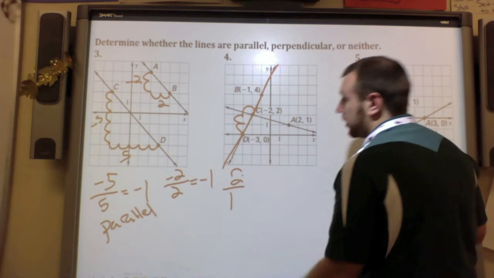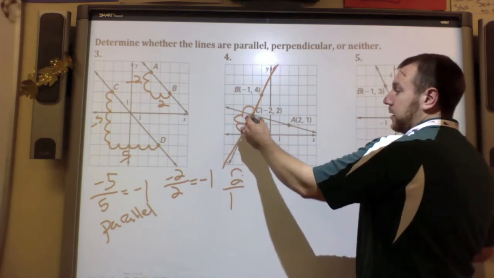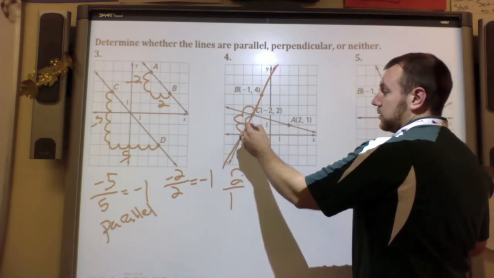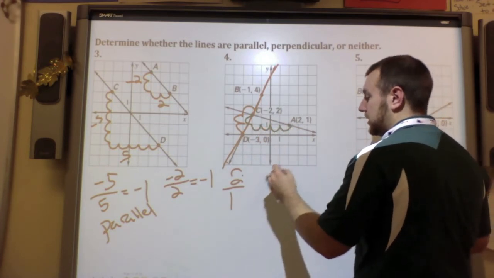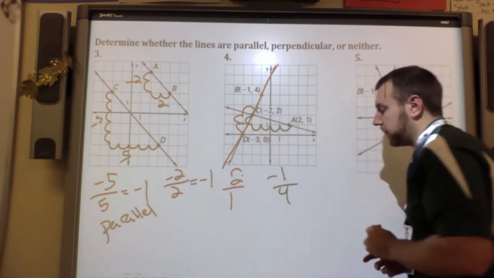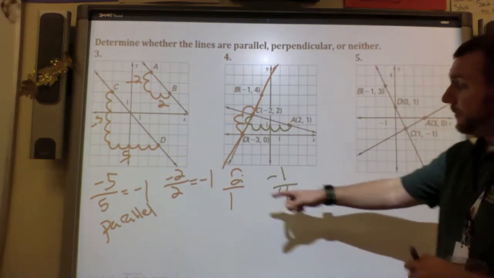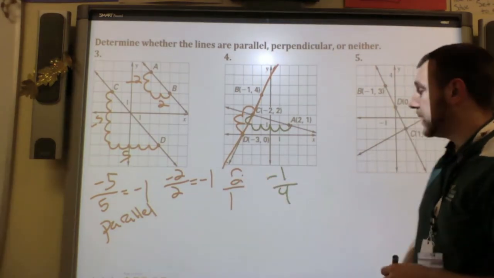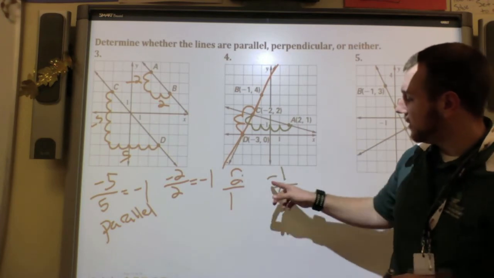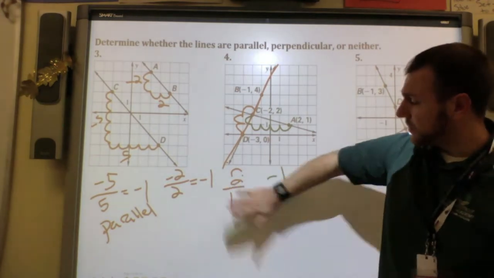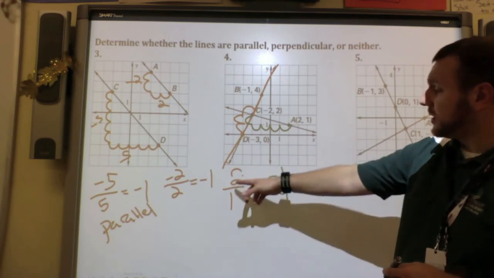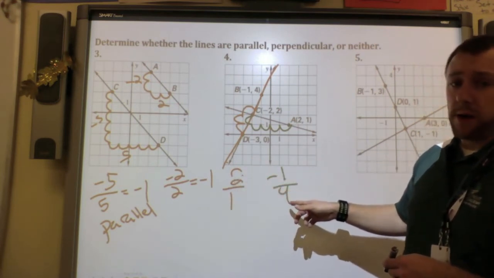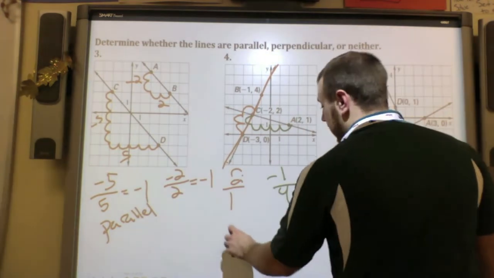Now I'm going to do the other line, C to A. Down 1 over 1, 2, 3, 4. Down 1 over 4. Well, they're definitely not the same, and they're opposites of each other. This one's positive, this one's negative, but they're not reciprocals of each other, because this is 2 and that's a 4. So this is the neither category.